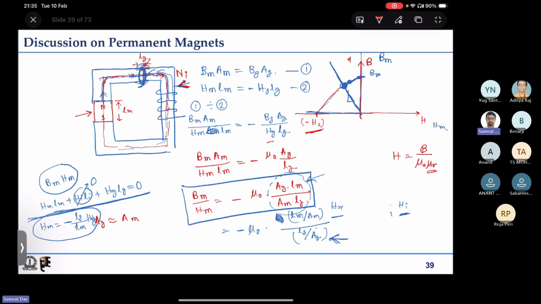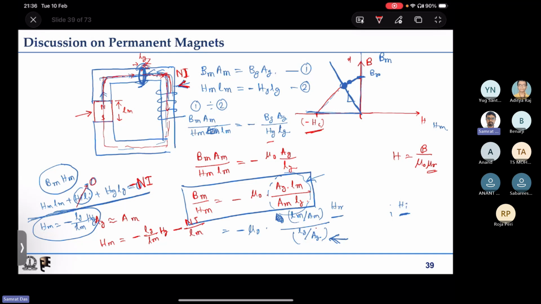If we have current like this, that will make the flux flow in the opposite direction. That means the enclosed current in this case will be minus of Ni, if I consider DC current. Now with the same assumptions, we will have Hm is equal to minus of Lg by Lm into Hg minus Ni divided by Lm.